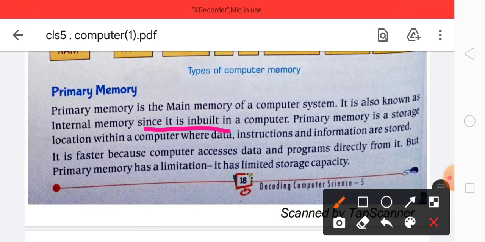It is faster because the computer accesses data and programs directly from it. But primary memory has a limitation: it has limited storage capacity.